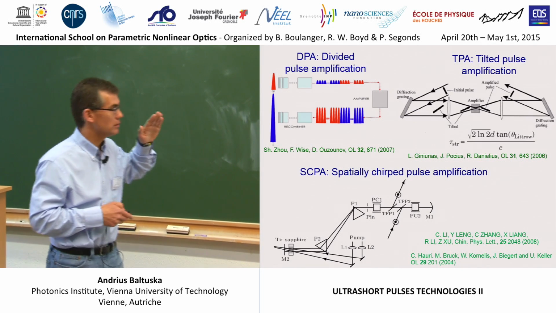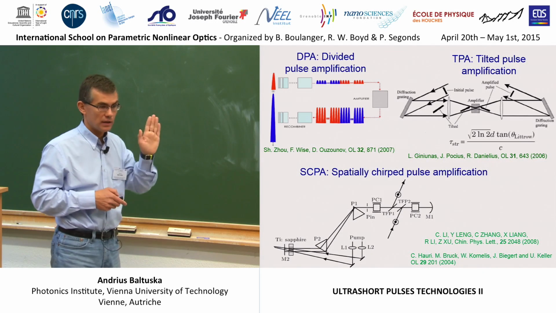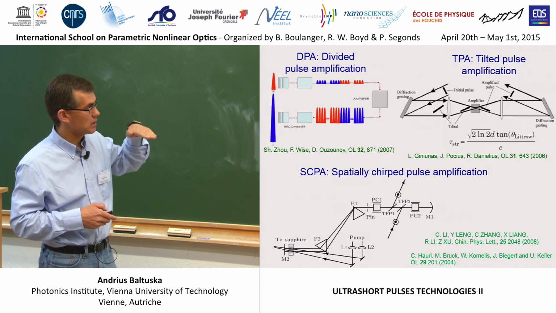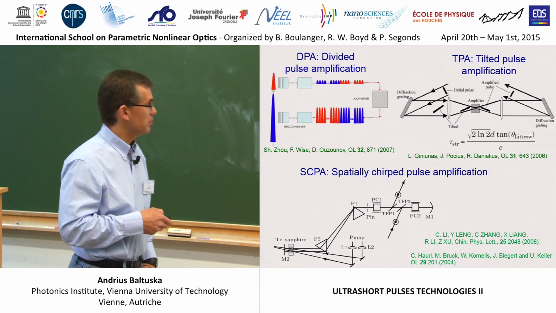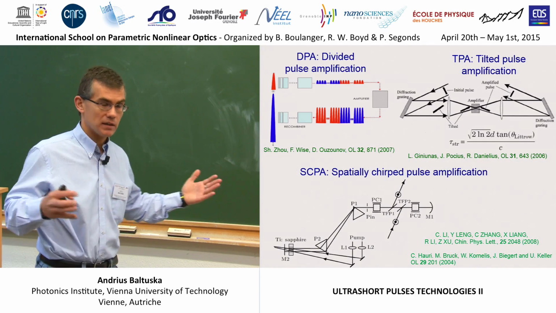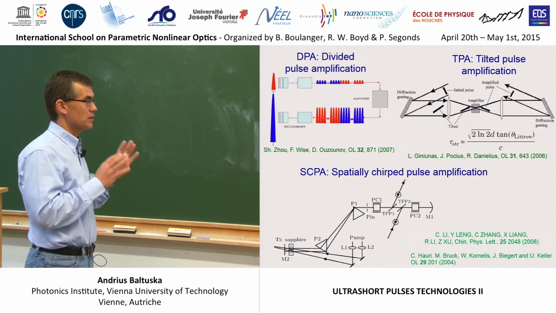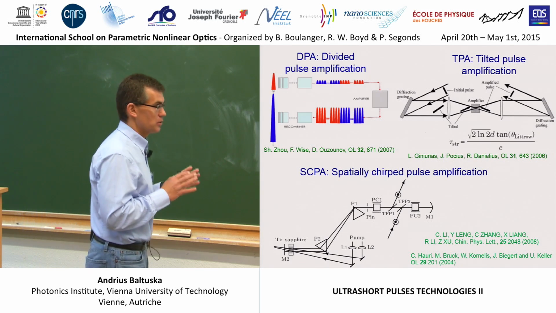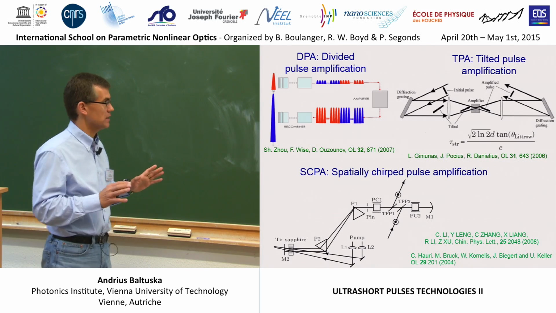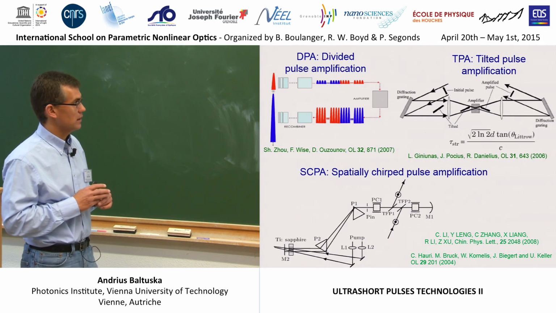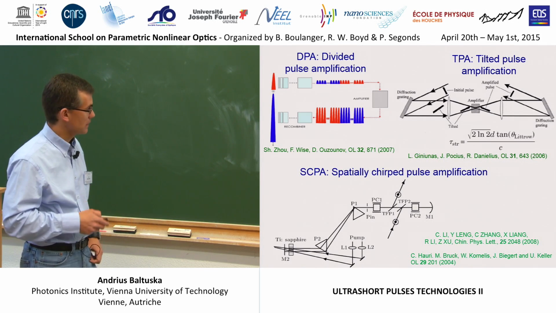It has nothing to do with pulse chirping. It's simply the trickery with rotating the image of the pulse, but inside the amplifier, it appears as a long pulse. So I'm showing this for the beauty of the concept. It could be criticized into smithereens about how bad it is for amplification.